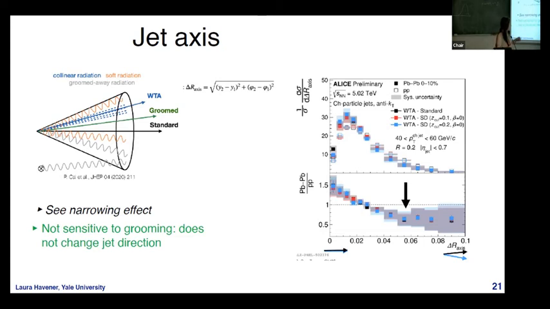You see a suppression of the larger delta R axis variable, which is consistent with this narrowing effect. Another interesting thing is that the results seem consistent between the standard and the grooming, which implies that this variable is not really sensitive to the grooming. So this is a hadron level observable that is more sensitive to the hardcore modification.